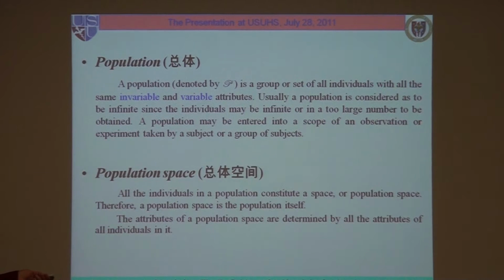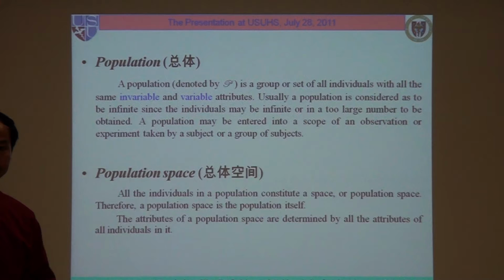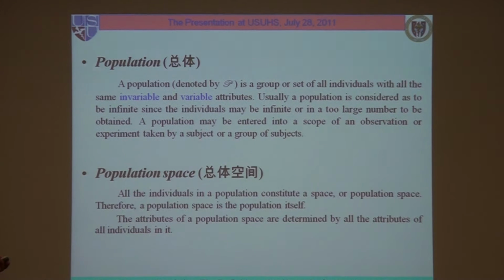Then population. The population is a set defined with all invariable and variable attributes. It includes everything, not just invariable attributes or variable attributes. And in the current system of the theory of probability, we have a specific term, population space.